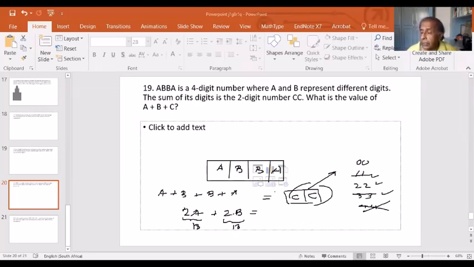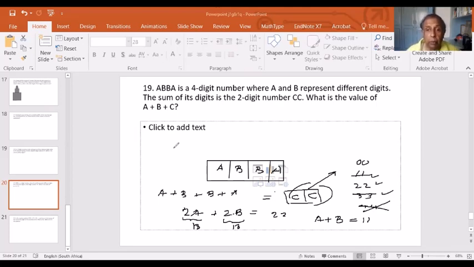So when you add the 4 digits up, we just saw that the answer is 22. So that means that 2A plus 2B is 22. A plus B must be 11, because 2A plus 2B is equal to 22.